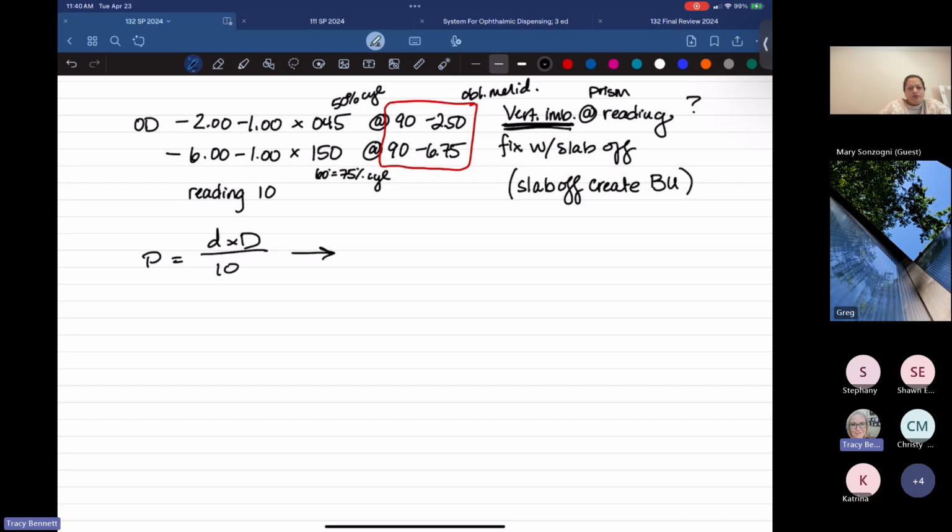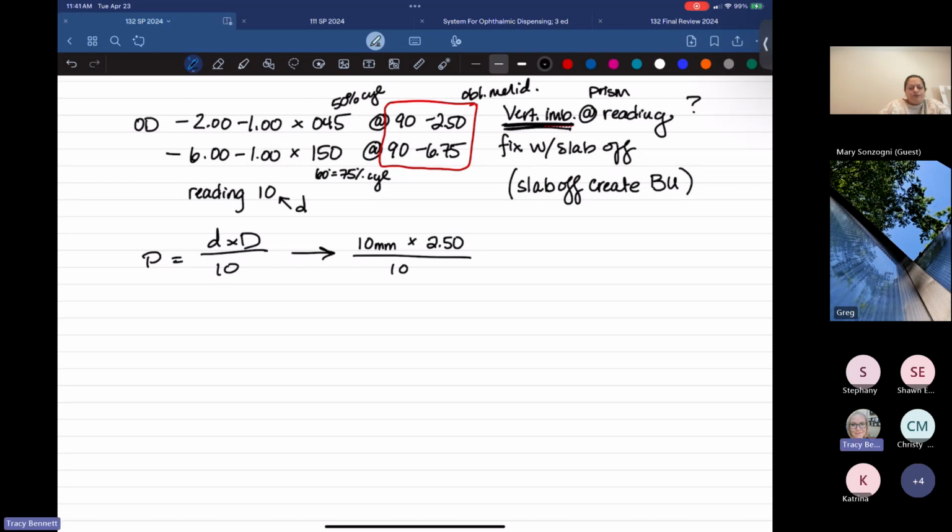We do this for each eye. How far is little d? Remember, little d is the reading depth. That's how far away from the OC they're going to be looking. So we've got 10 millimeters of reading depth times the 2.50 power lens divided by 10.